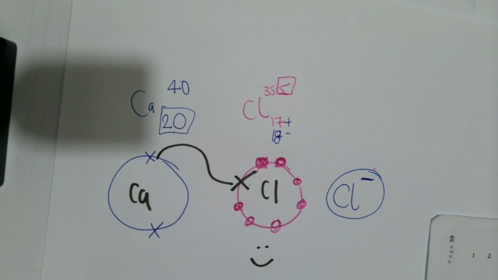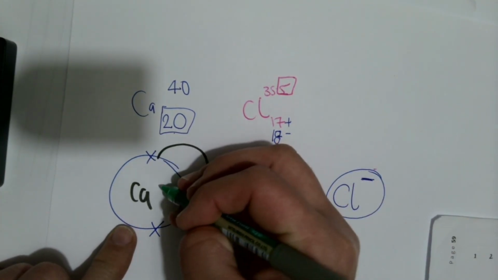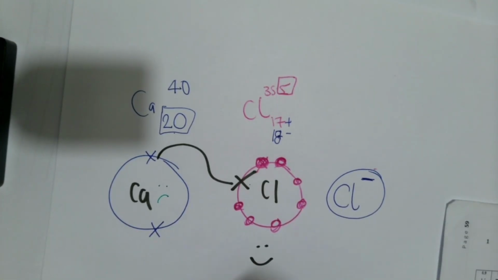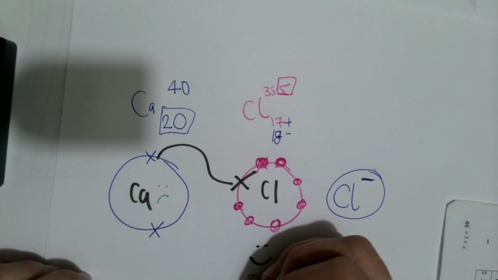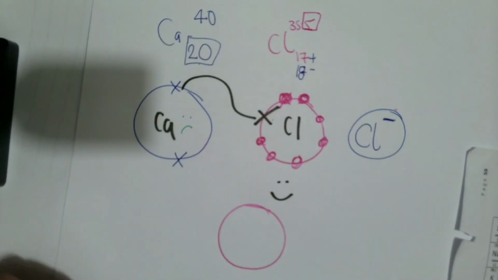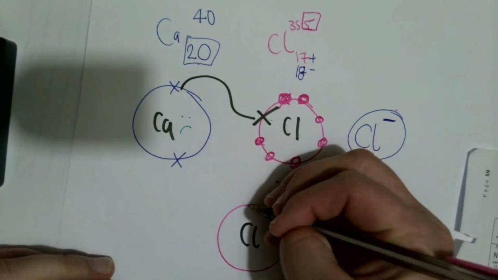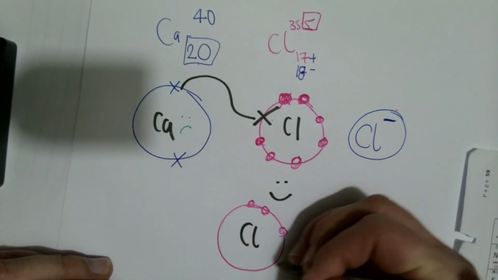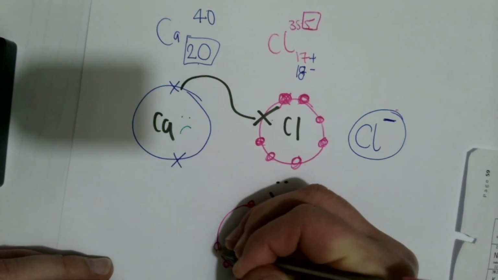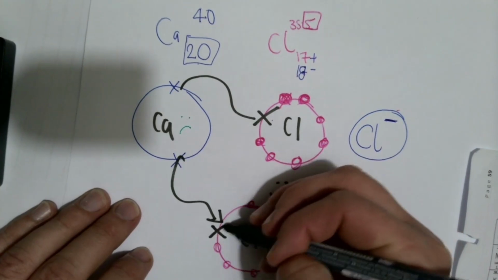If we go to our friend calcium, we've lost 1, but it's still unhappy because it's still got another 1. So what has to happen is we need to get ourselves, ladies and gents, another chlorine atom. Here she is. 1, 2, 3, 4, 5, 6, and 7. So now that electron goes over here and sits there.